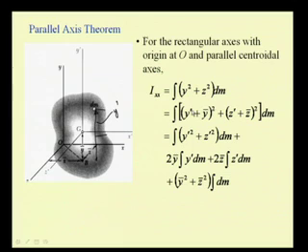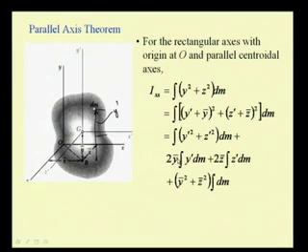So, we have these two quantities, that is integral y prime square plus z prime square dm, plus the two quantities, that is 2 y bar integral y prime dm when we expand this, and 2 z bar integral z prime dm.